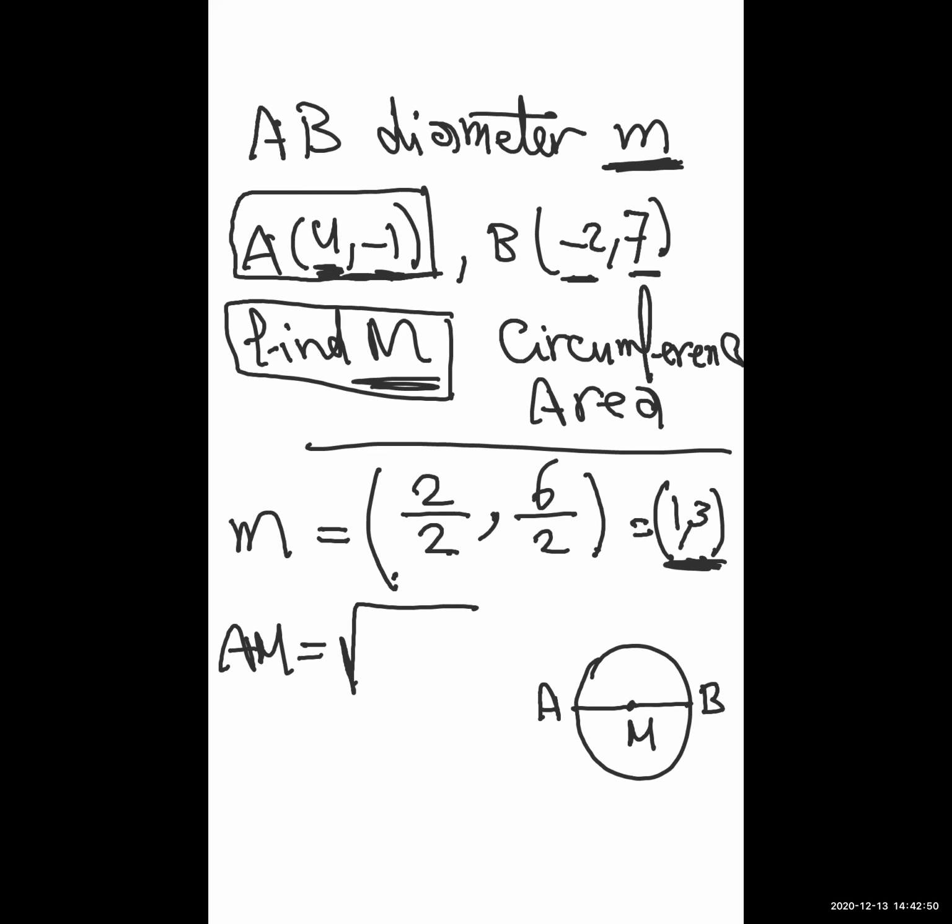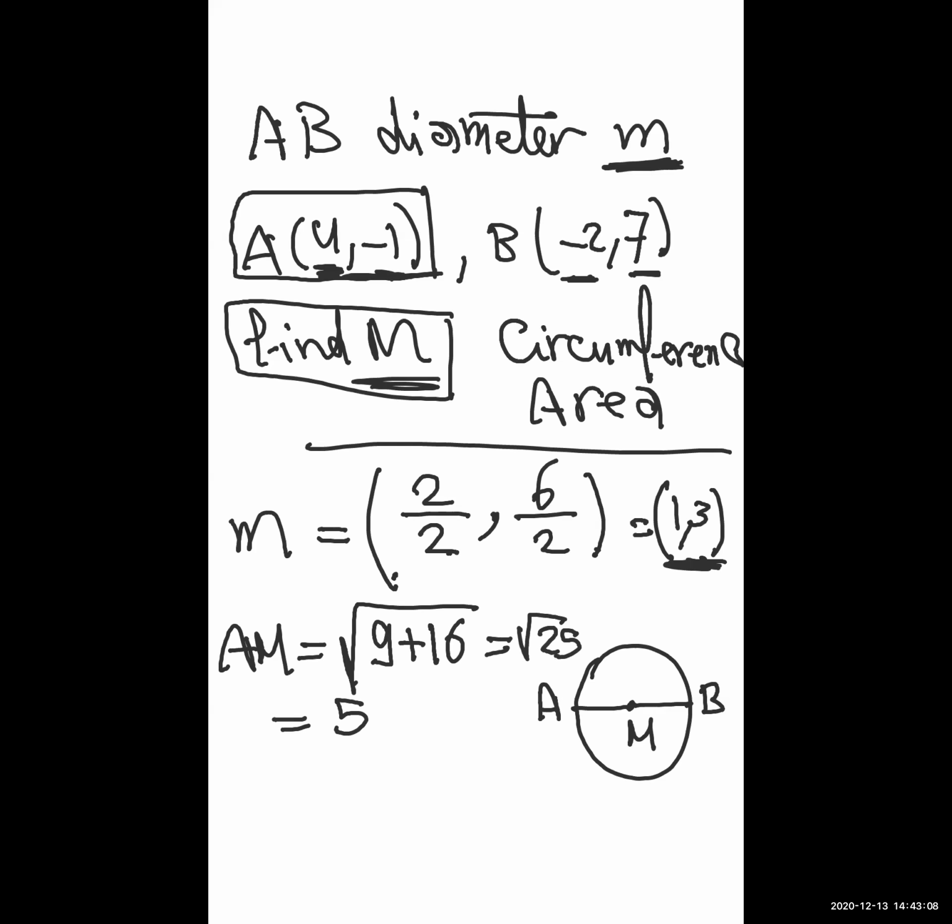So 4 minus 1 means 3, and 3 squared means 9. Then -1 minus 3 means -4, squared means 16. So it will equal the square root of 25, so it will equal 5.